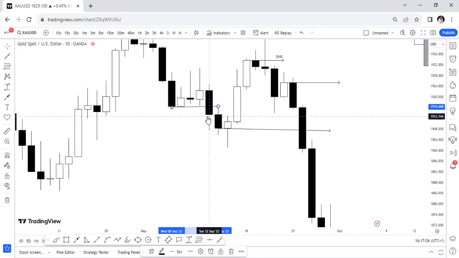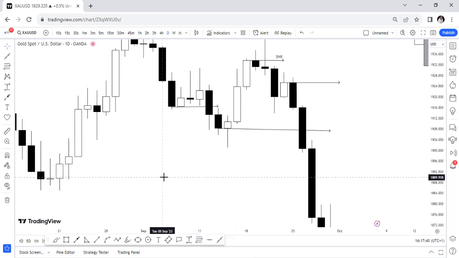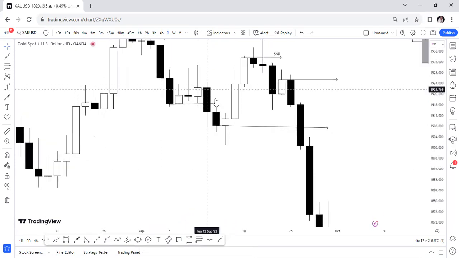You got the breakout here, right? With a close below it, this is a confirmation of the breakout. You must allow price to close below it, not just break, because at some time it will still withdraw back and end up becoming what? A shadow. But here, with a full body below, with a close below this support level, that means a confirmed breakout.